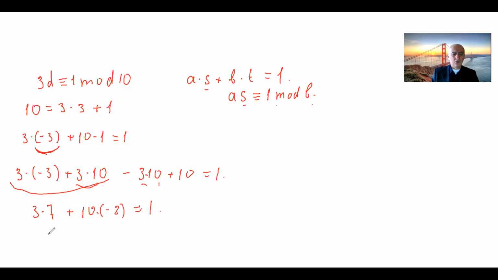And from here, now I can conclude that 3 times 7 is congruent to 1 modulo 10. Please, if any questions, ask, because it's very important, especially when we have problems with big numbers.